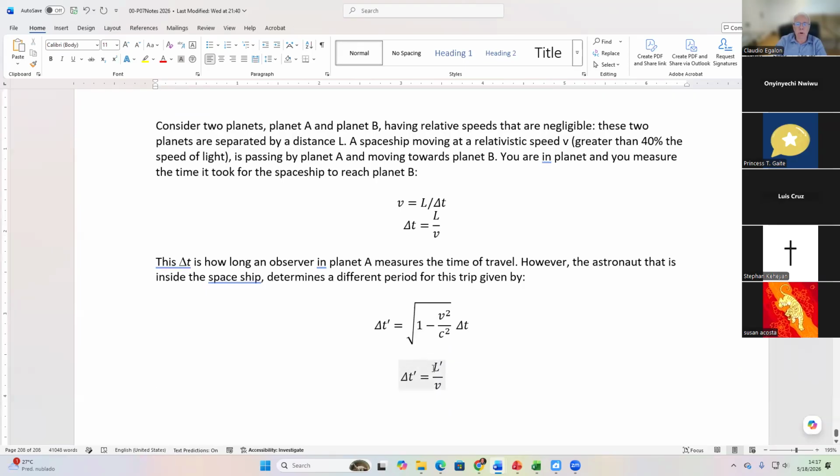That's why I put L prime here. The speed is not going to be different. So now we can solve this equation for L prime.